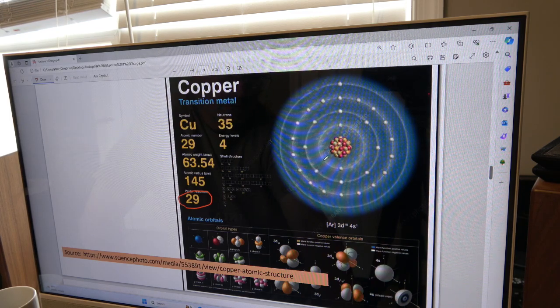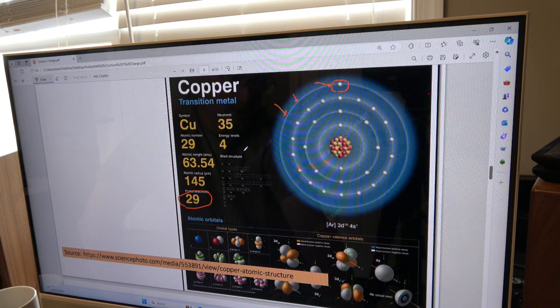And look out here, 1, 2, 3, out here in the 4th orbit, I'm using plain language, there's this little old lonesome electron. This orbit is not filled like these are. Once these orbits get filled to their capacity, a new orbit starts up and it allows it to get filled. Well, there's one little lonesome electron out here.